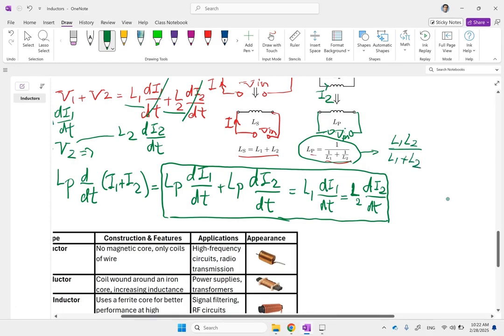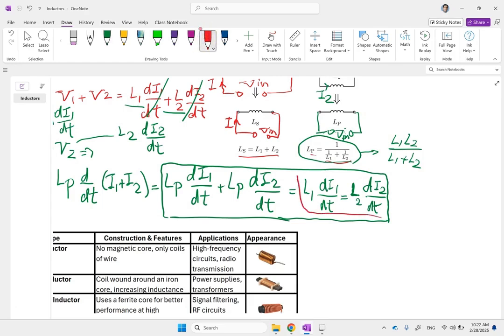So if I replace that over here, okay, you can get the result. Because if you look at these last two equalities, from here you can see that di2 over dt is equal to L1 over L2 di1 over dt, right?